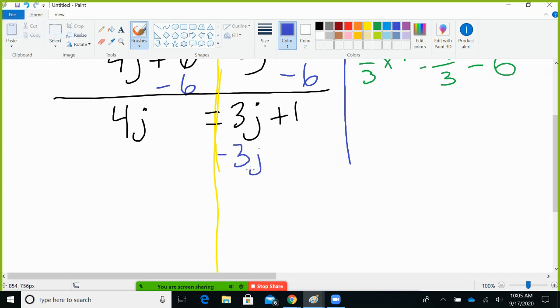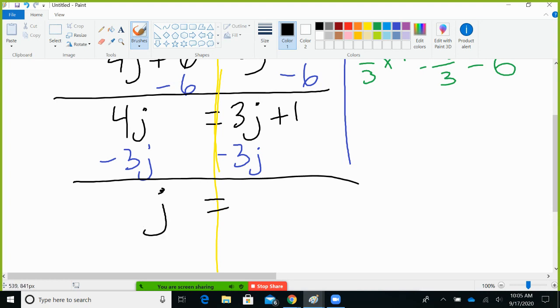So we're going to subtract this whole unit because they go together. If we were trying to get the 3 off of the j, if we were trying to separate them, you would divide. But since we're not separating them, 4j minus 3j is 1j equals 1.